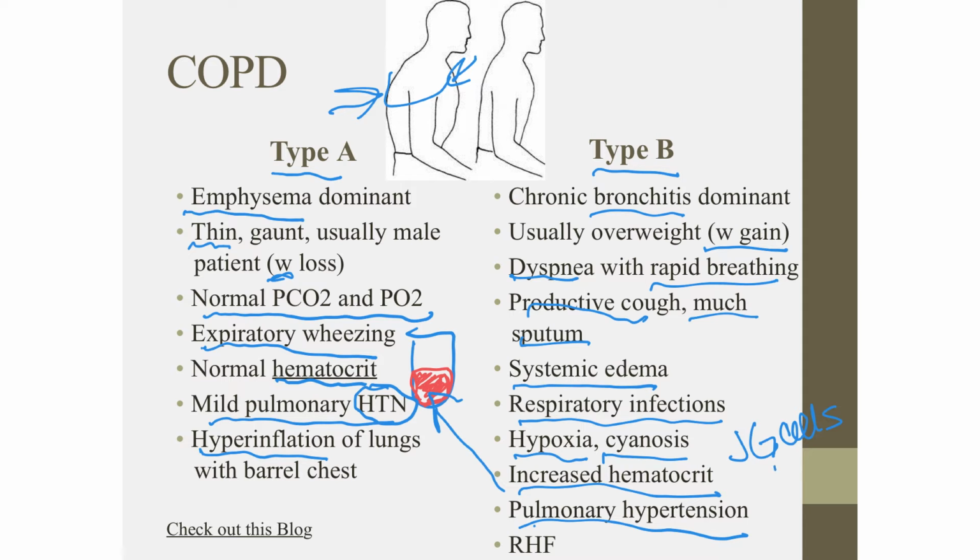But another thing that we see is the activation then of EPO, erythropoietin. EPO is actually made by the kidneys, and it stimulates red blood cell production by the bone marrow. So whenever you see increased hematocrit, it means that there was general hypoxia sensed by the kidneys, and then the production of EPO, which makes more red blood cells.